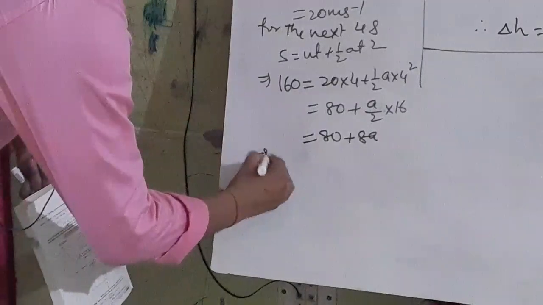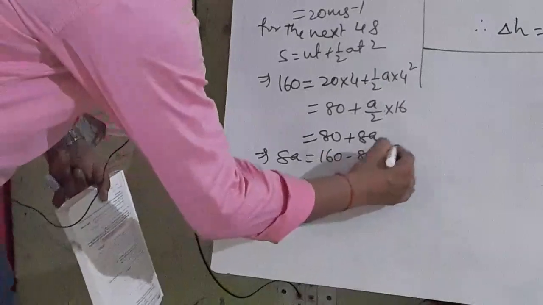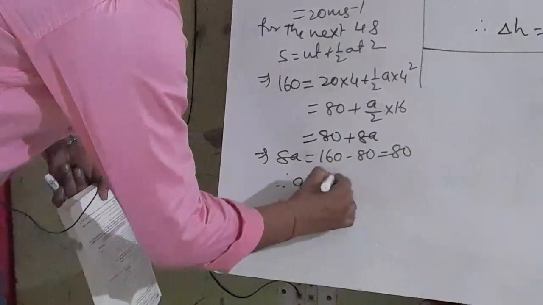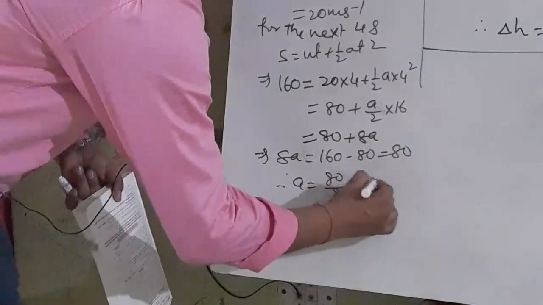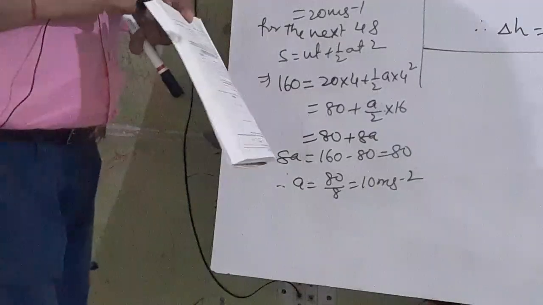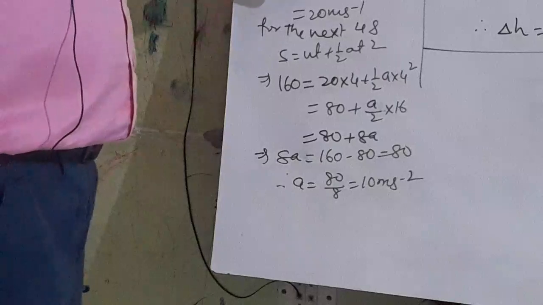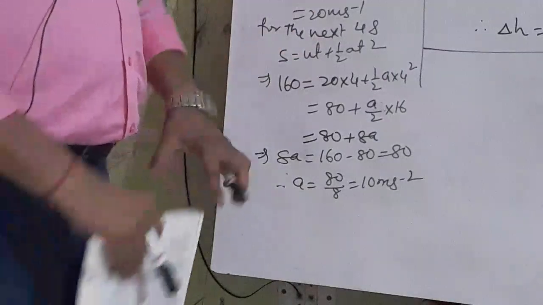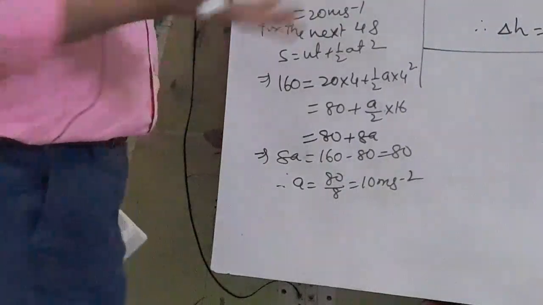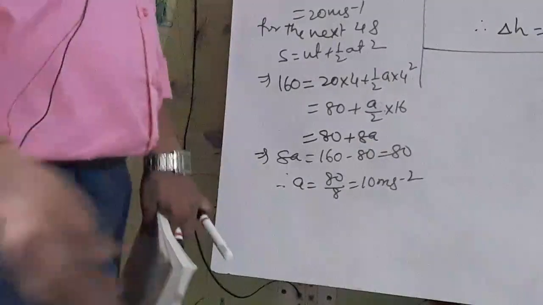So 8a is equal to 160 minus 80, that is 80. Therefore a is equal to 80 by 8, means 10 meter per second square. What does it mean? It means the acceleration remains same for the two different duration of time, for the first 2 seconds and for the next 4 seconds. That is, the body is in uniformly accelerated motion.